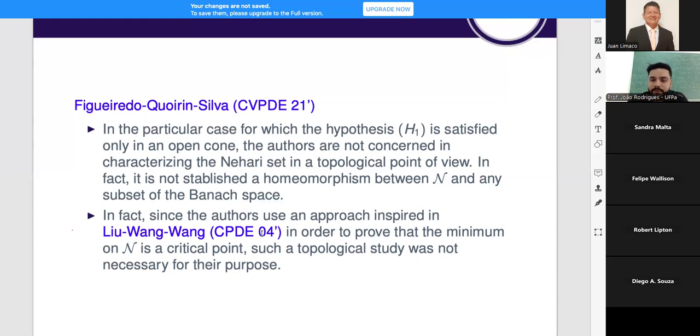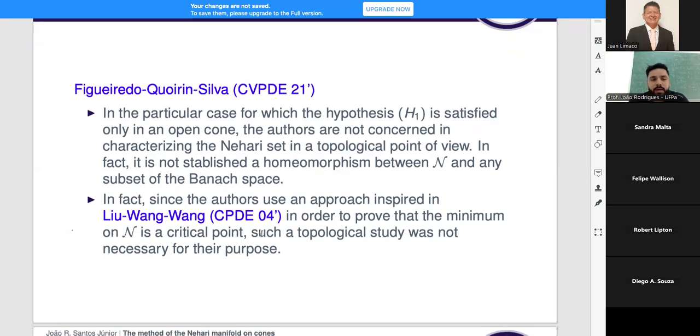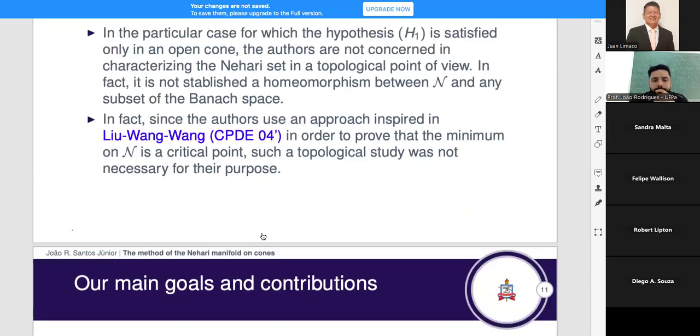This type of question is open even after this paper, and the authors were not concerned with it.